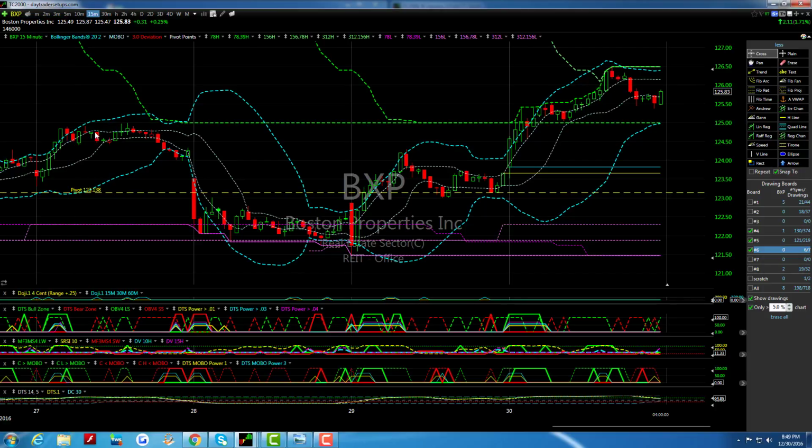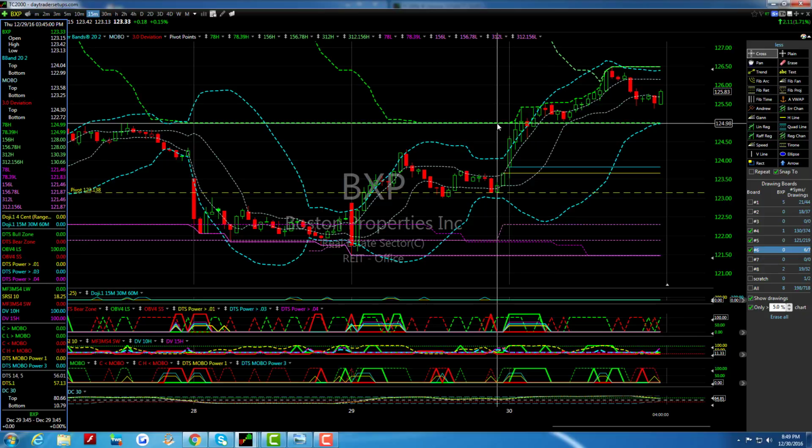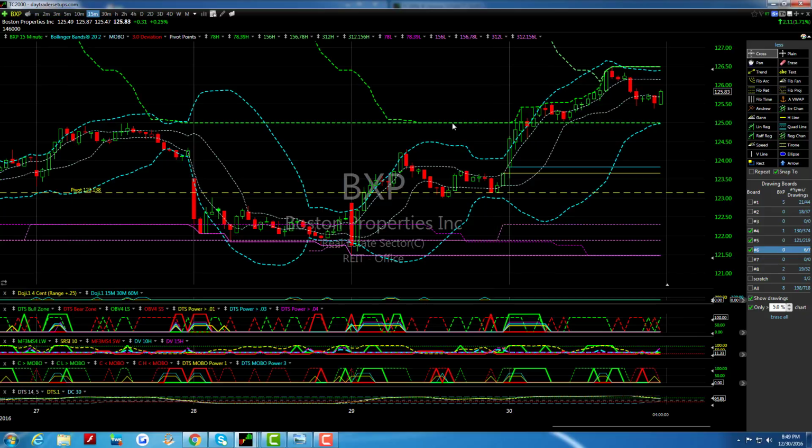So I'm making new highs, new 78 bar highs. But the reason the other line continues forward is because now it's my 78.39 line. You see that they were both 124.99 in this period, and then when we made a new high, the 78 was recalculating and redrawing, but the 78.39 stayed in the same place.